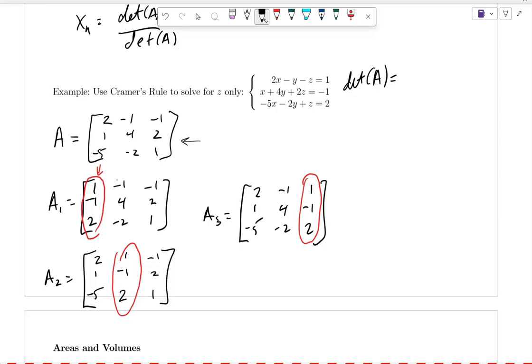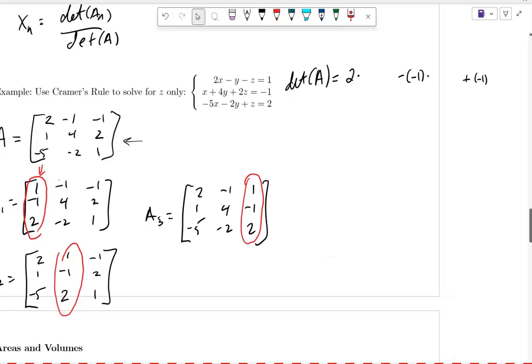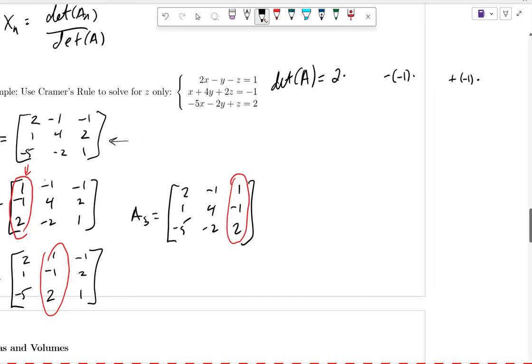You've got lots of different ways to do it. I'm just going to expand along the first row. If I expand along the first row of A, what are your minors going to be?